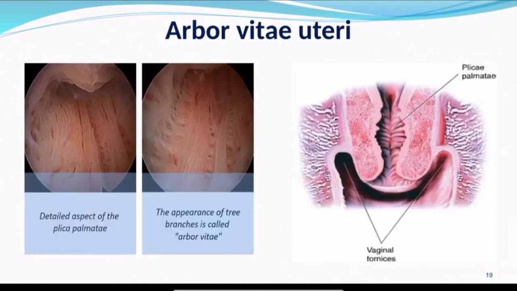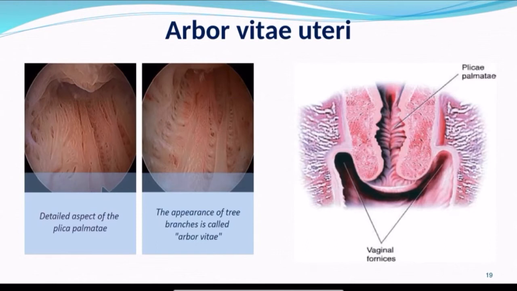Arbor vitae uteri is a term given to the branching pattern of the cervical canal in the uterus. In the picture on the right side you can make out the cervical canal, labeled as plicae palmatae. Plicae palmatae is nothing but the branching pattern of the cervical canal, and that is also known as arbor vitae uteri, the tree of life pattern of the cervical canal of uterus.